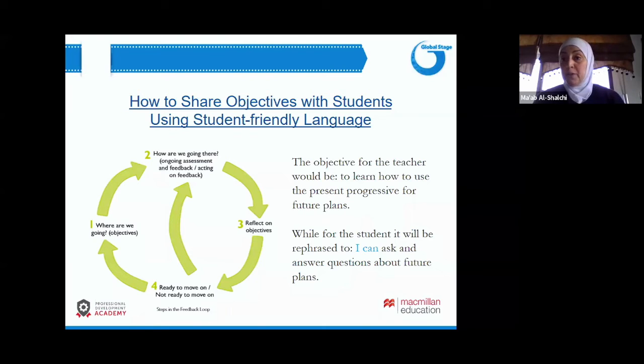And if you are someone who would like to use Global Stage for next year, then you will have access to all of this also. And it has many ideas to develop students asking questions.